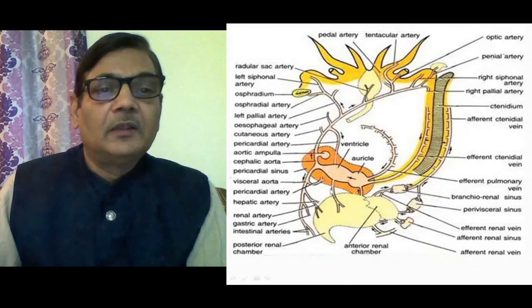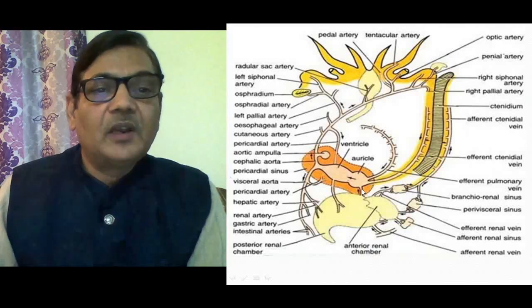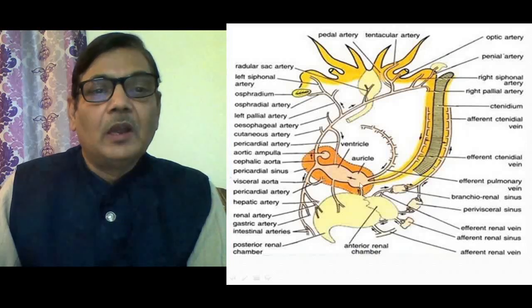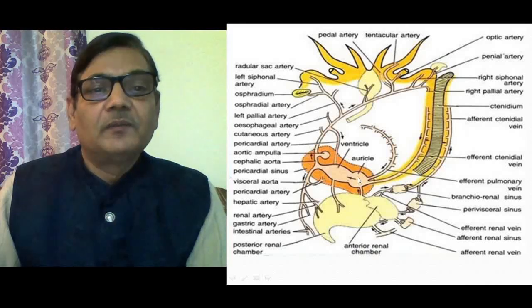And then there is a vein which is referred to as the efferent renal vein. That efferent renal vein will supply its blood to the heart. So you can say that this blood is free from nitrogenous waste. And as I said in the beginning itself, this heart also receives blood from the pulmonary sac and also from the gill.